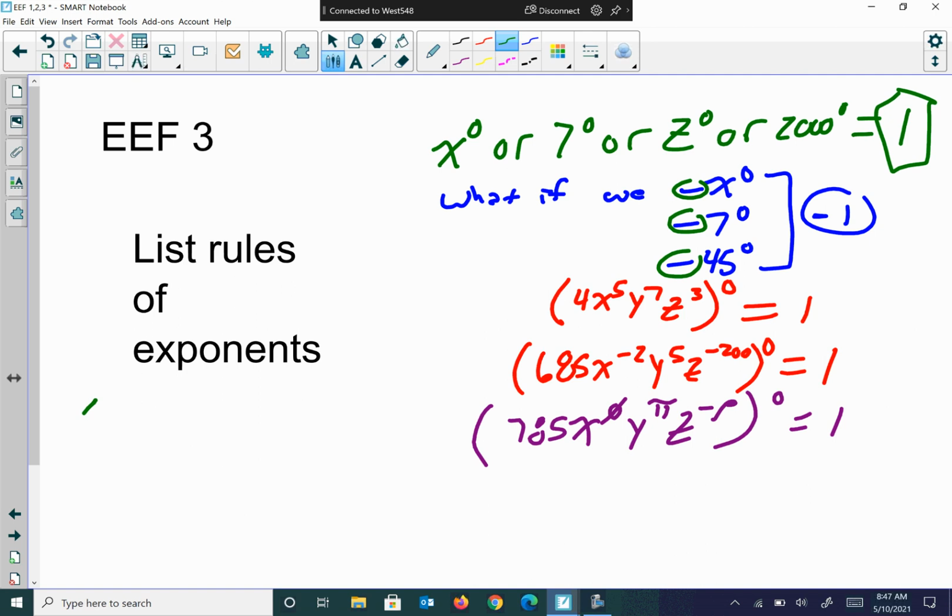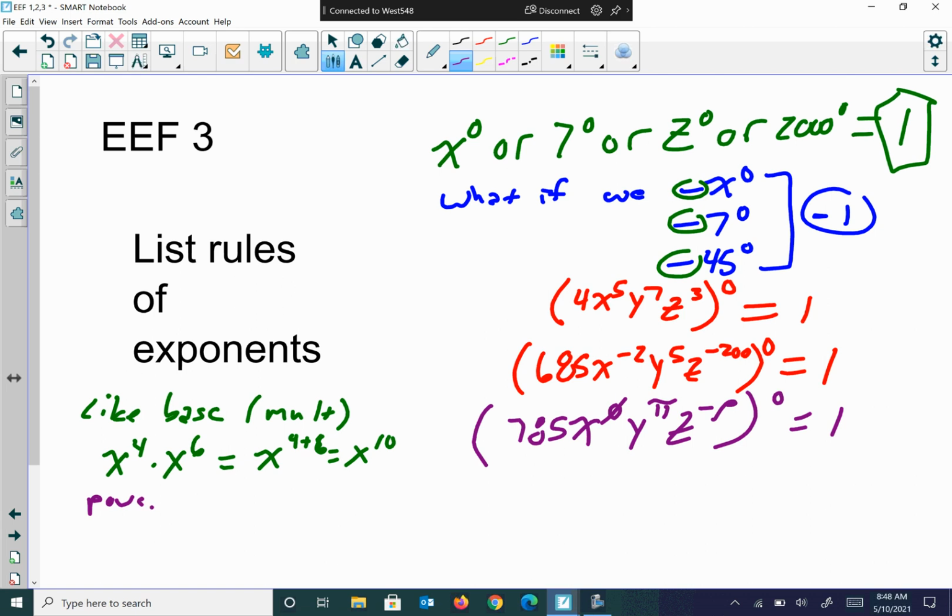So if I have like bases, so if I had x to the 4th times x to the 6th, and they're multiplied, then you just add the exponents. That's a 6. Okay, and then there's one other rule where you have a power to a power.